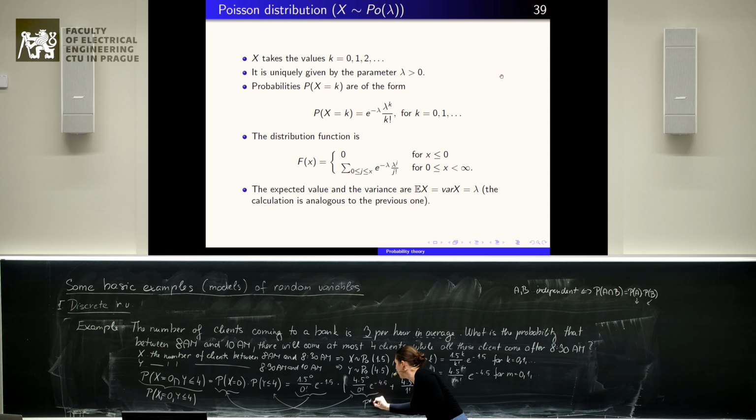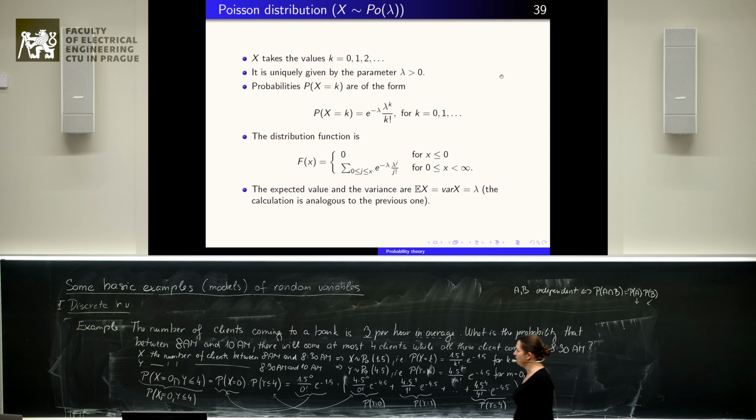This is the probability that Y is equal to 0, this is the probability that Y is equal to 1, plus, and so on, plus the last term is 4.5 powered by 4 over 4 factorial times e powered by minus 4.5, which corresponds to the probability that Y is equal to 4.